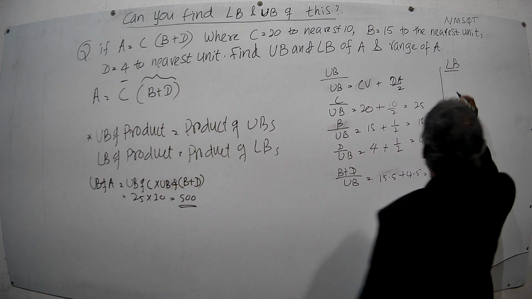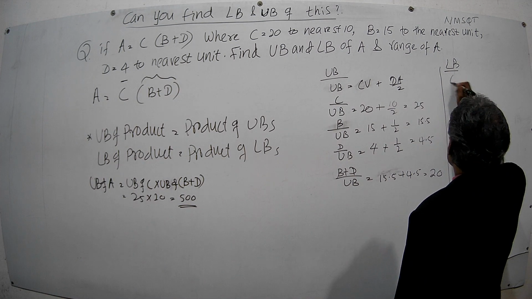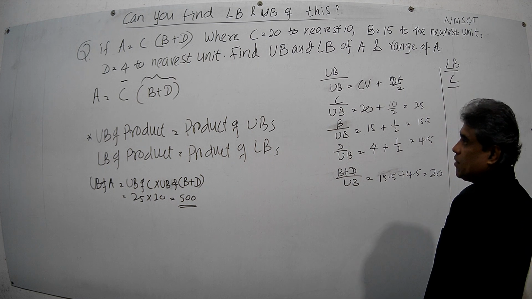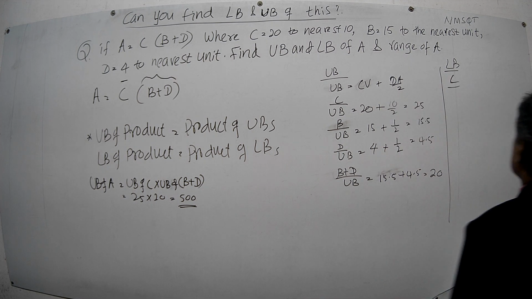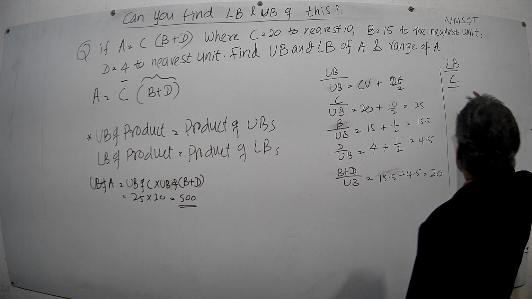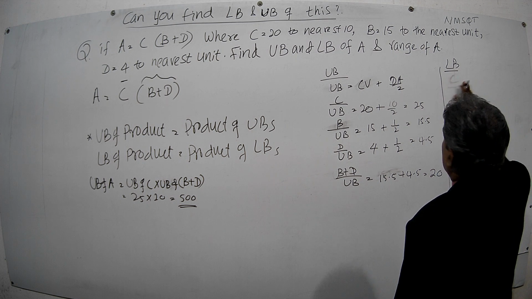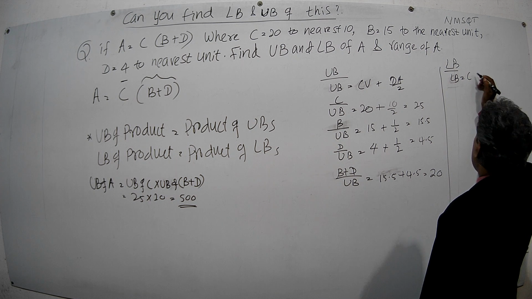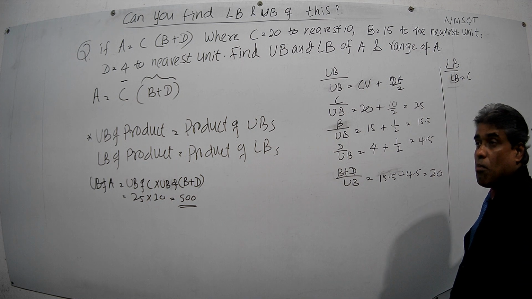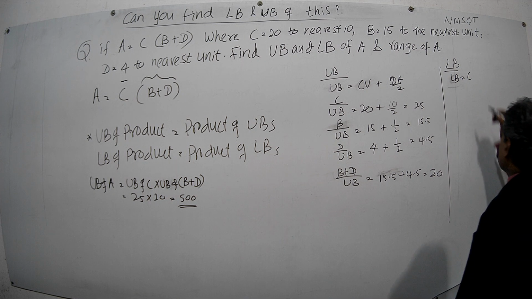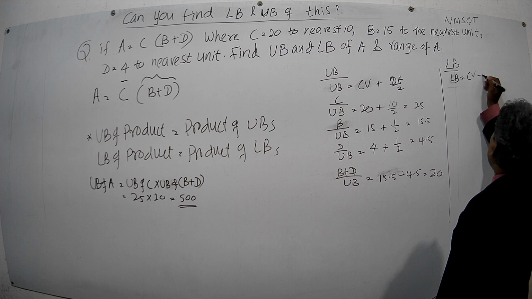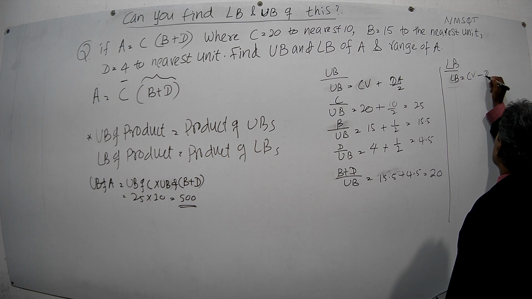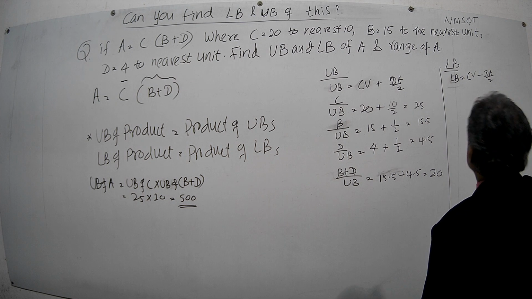Lower bound of C. What is the lower bound formula? What is the formula to find the lower bound of a single corrected value? That is corrected value minus degree of accuracy over 2. Right.